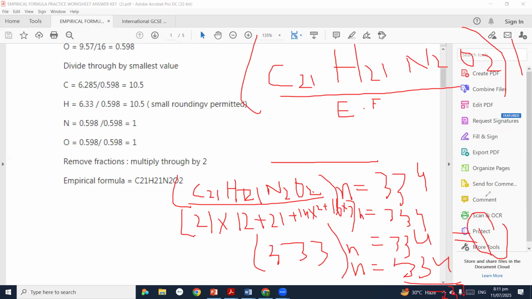Because in this case the value of n is 1, when I multiply the whole empirical formula by 1, in this case the empirical formula and molecular formula will be the same. Is it clear or not? Okay, beta? Yes, Kasim, am I clear?